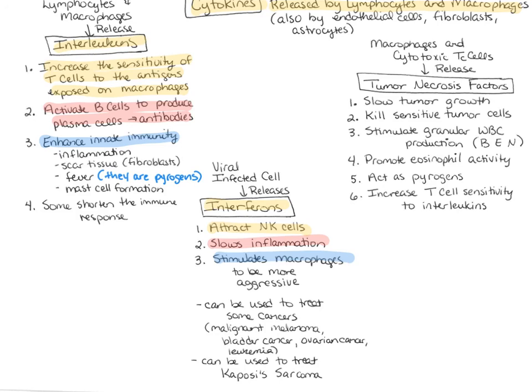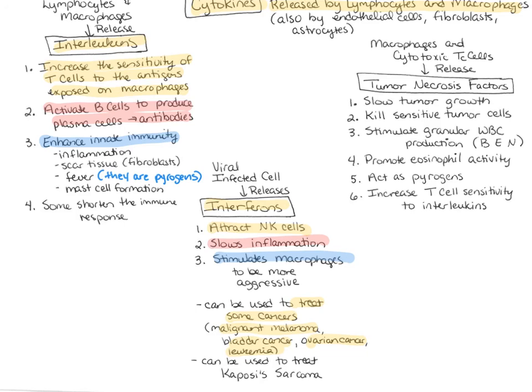Interferons can be used to treat some types of cancers. They give interferons to patients to treat malignant melanoma, bladder cancer, ovarian cancer, or even leukemia. Interferons are also given to AIDS patients who have Kaposi sarcoma, which is another type of cancer. Right? So you'll end up at some point hearing about interferons.